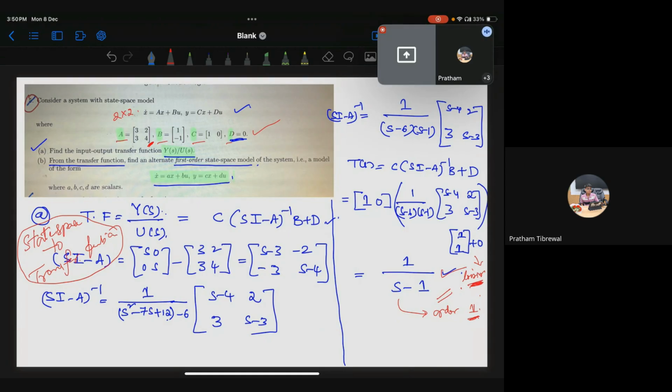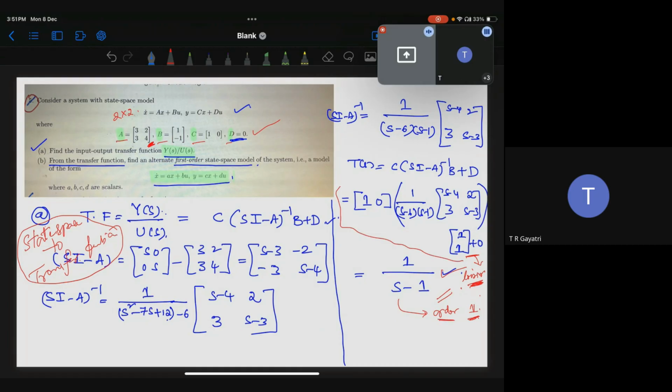How is the order 2, sir? Here, see, generally the A matrix is 2 by 2. So if you do it for any transfer function, you'll get order 2 in general. But here the pole zero cancellation is happening in these calculations.